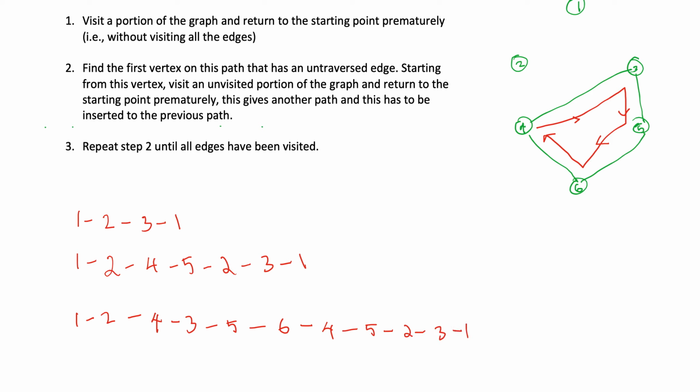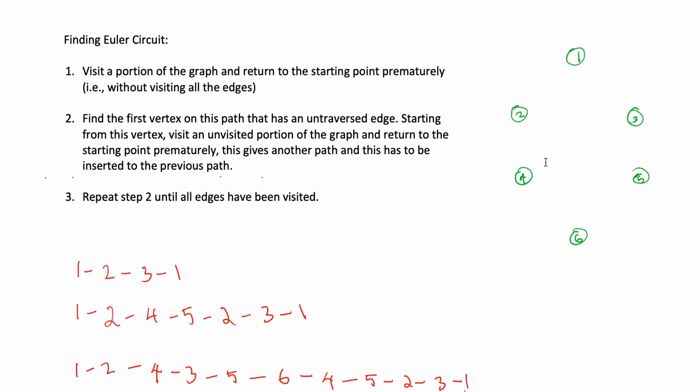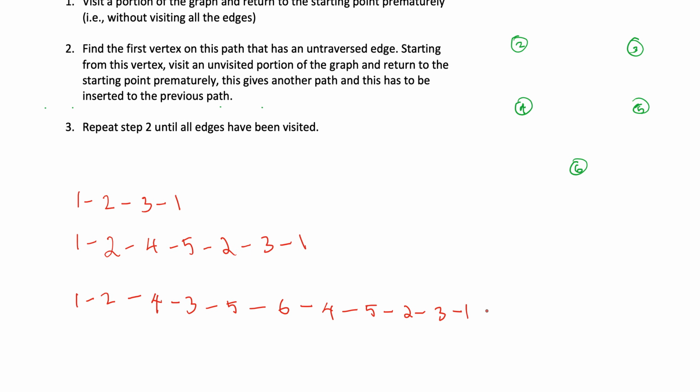So I am removing the edges that I have just visited. So this one, this one, this one, this one. Okay, so now we do not have any edges which are unvisited. So this is my Euler circuit. Okay, that is, I am starting from a point and I am finishing at the same point.